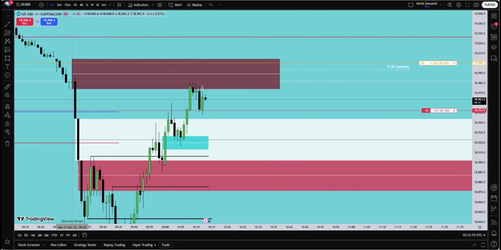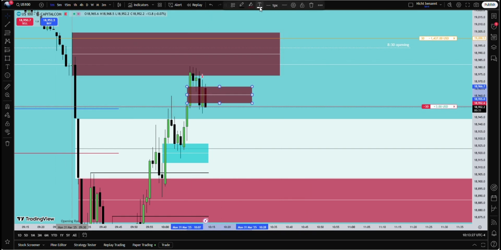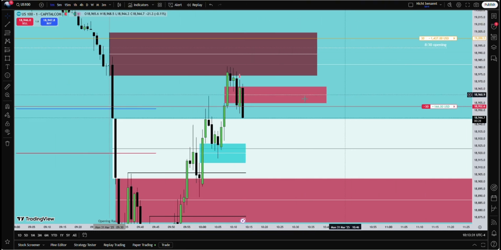also, another important factor for this trade and for my entry is this small fair value gap, this CB. So you can see price closed below it right here. On that candle, price closed below it.